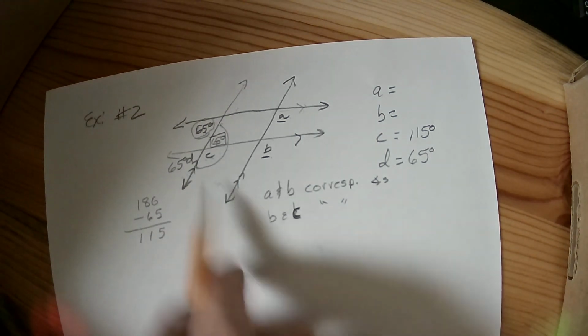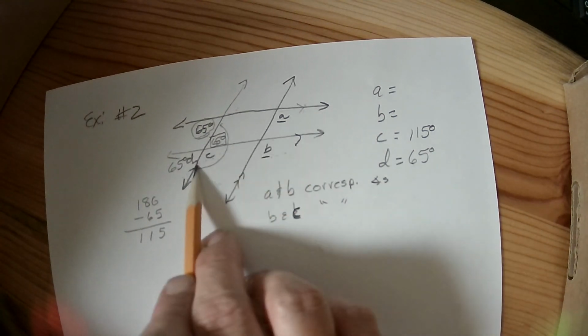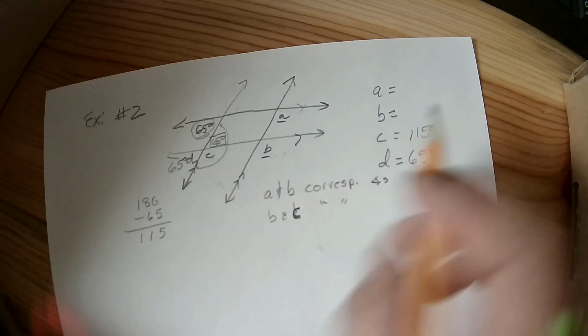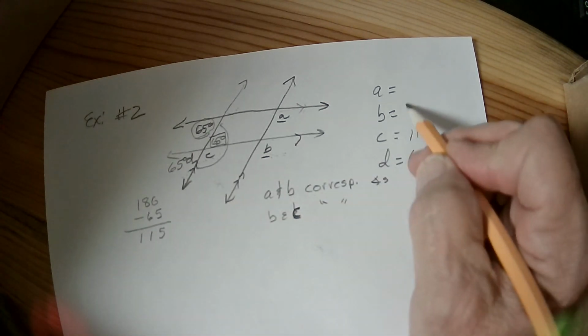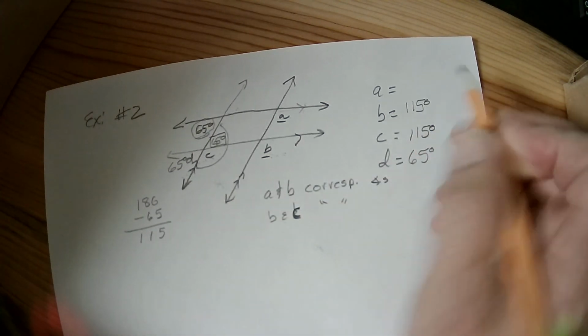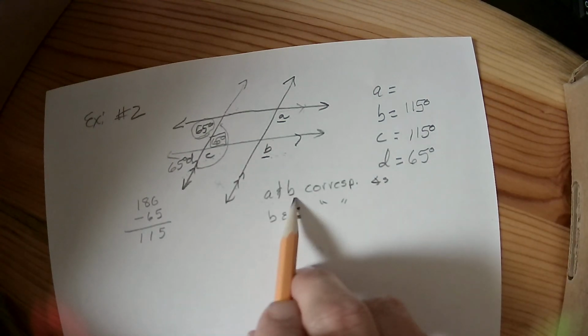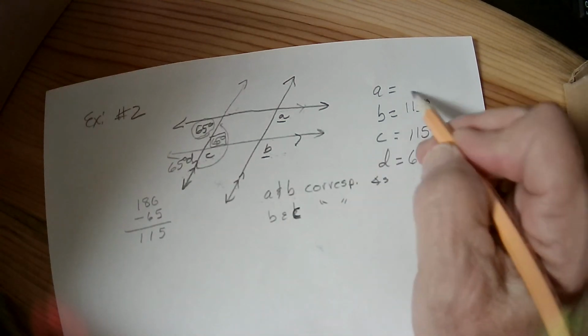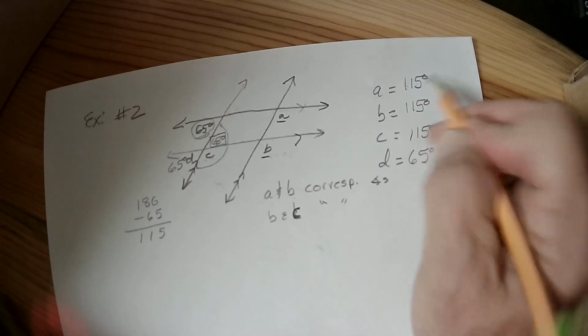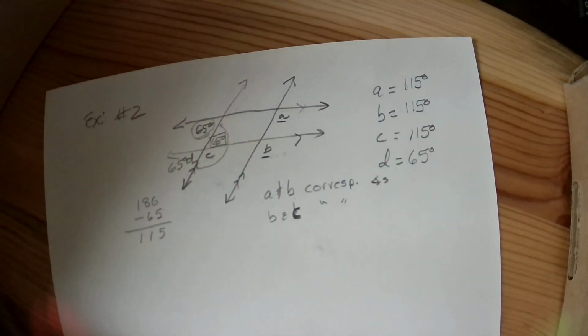And I know that B and C are corresponding angles, meaning that they're the same. So B is 115. Oh look, and A and B are corresponding, so that means that A is also 115. Pretty easy, huh? Alright, that's it for Geometry Chapter 2.